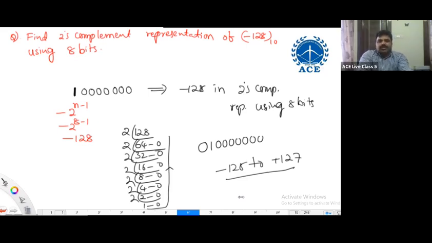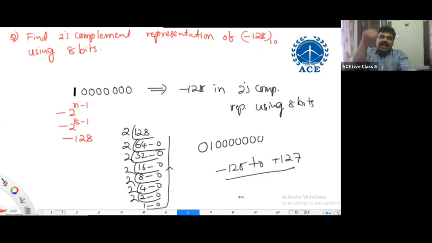Nagalingeshwar Rao, to say it is plus 128, 128 is 1 followed by 7 zeros, already 8 bits, magnitude only. There are 8 bits required for magnitude. To say it is plus 128, you need to append a 0, then it becomes 9 bits.